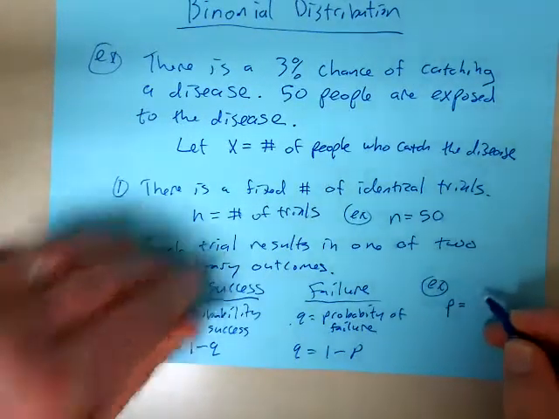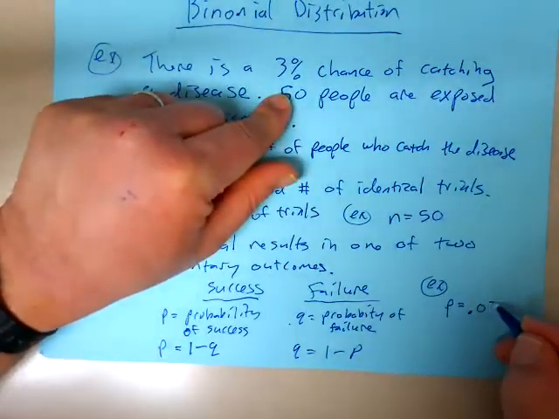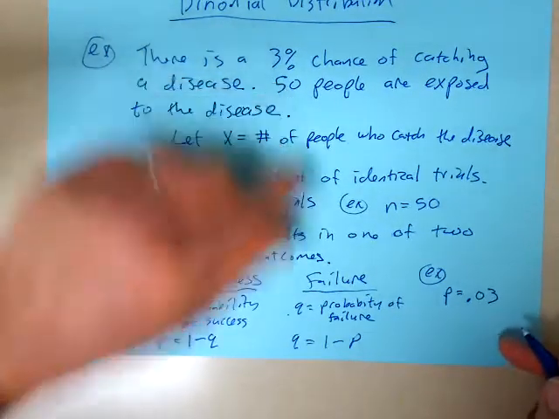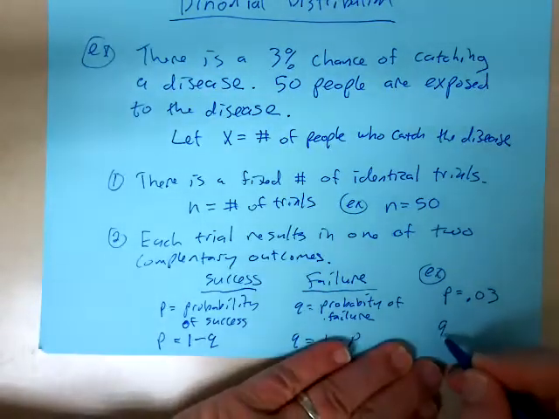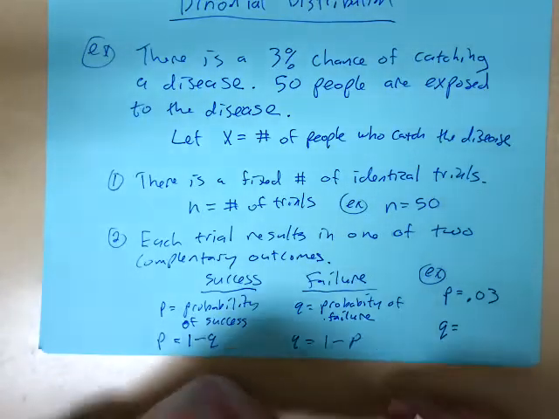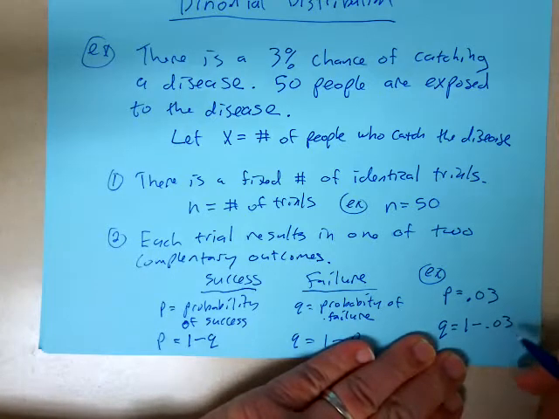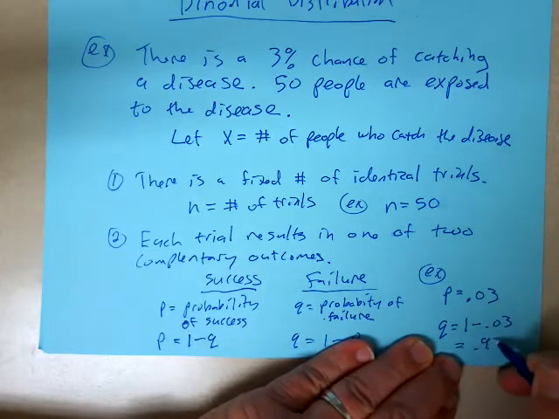So in this situation, P is what they give you, 3%. So P is 0.03. Q would then be the failure, in this case not catching the disease, and that would be 1 minus 0.03, which is 0.97.